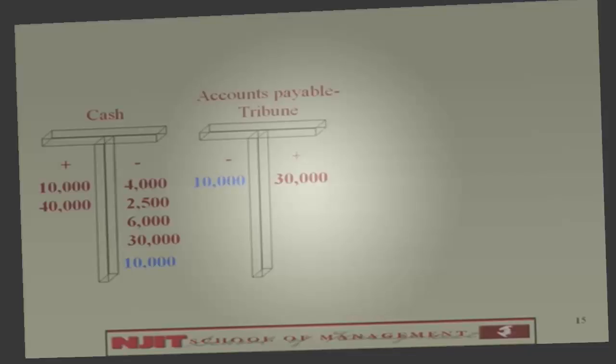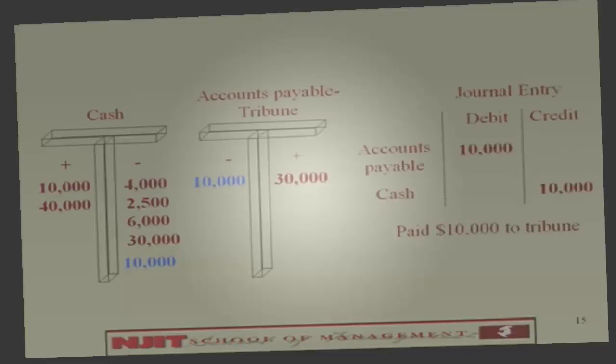Cash minus 10,000, so 10,000 on the right. Accounts payable minus 10,000, so 10,000 on the left. So the transaction recording: debit accounts payable 10,000, credit cash 10,000, and the journal entry will be like this. There you go.